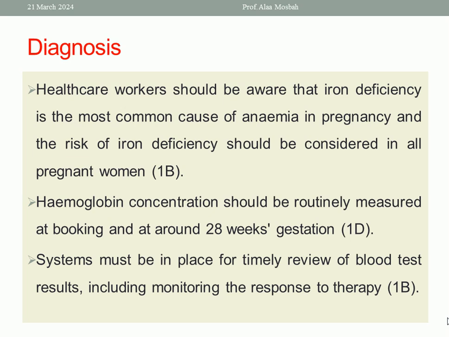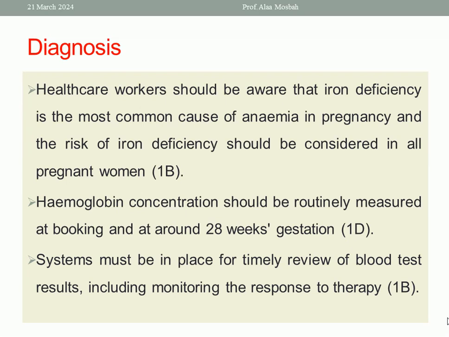The recommendation of the Royal College: Healthcare workers should be aware that iron deficiency is the most common cause of anemia in pregnancy, and the risk of iron deficiency should be considered in all pregnant women. Hemoglobin concentration should be routinely measured at booking and at around 28 weeks gestational age, as I said before.